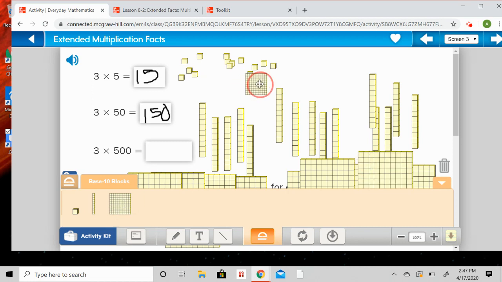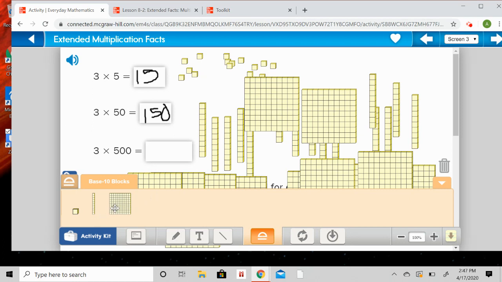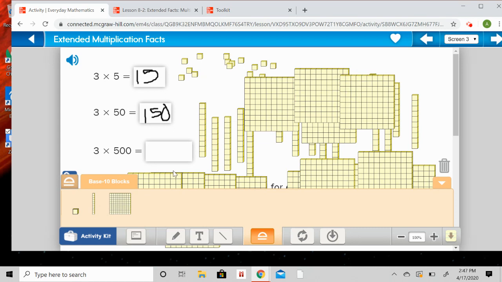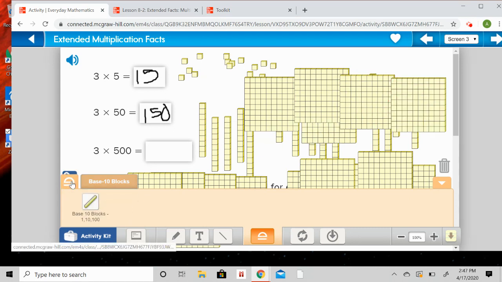Now it's okay if you cover up the work you already did. 1, 2, 3, 4, 5.